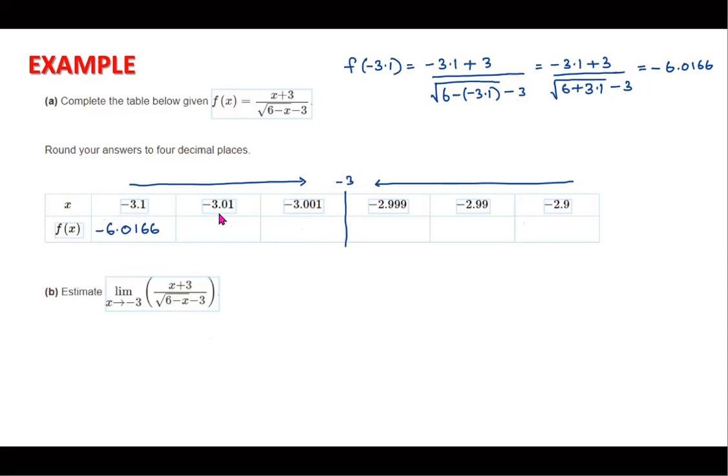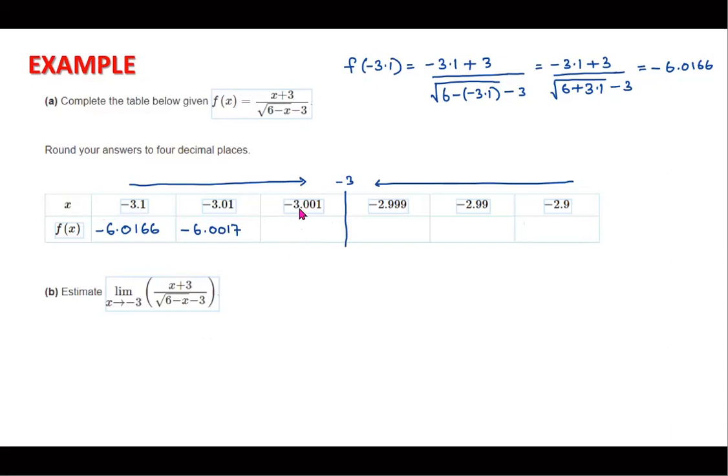We'll repeat the process as we move from negative 3.1 to negative 3.001. If you plug negative 3.01 into this function and simplify, you'll get negative 6.0017.